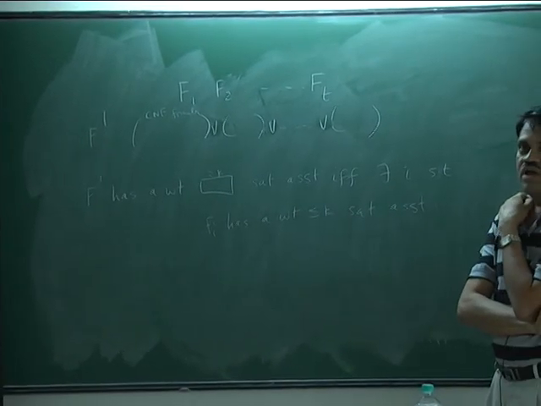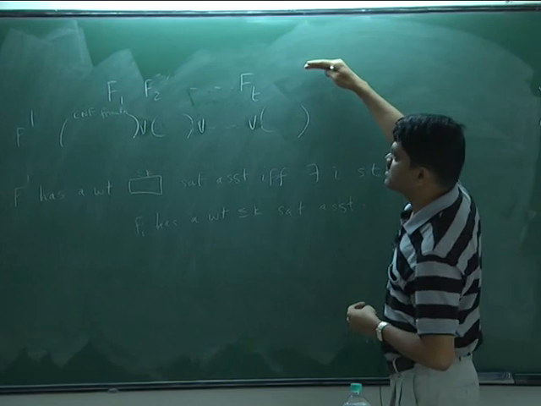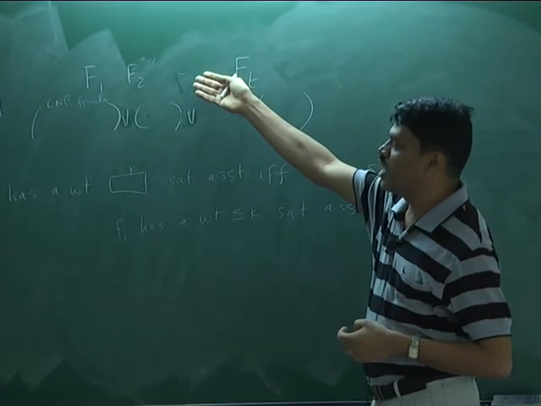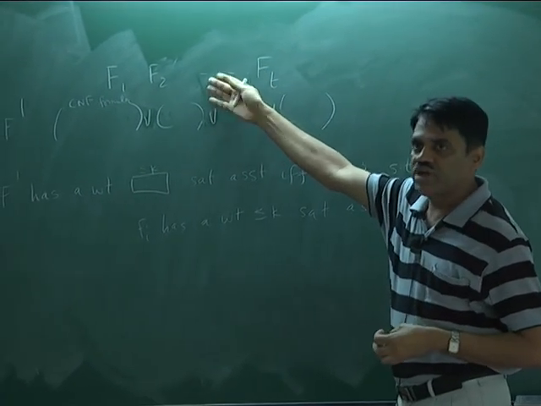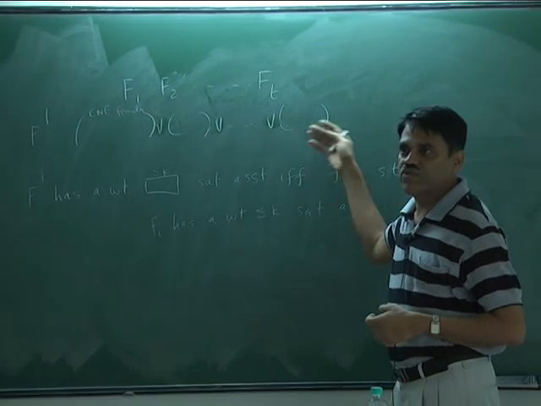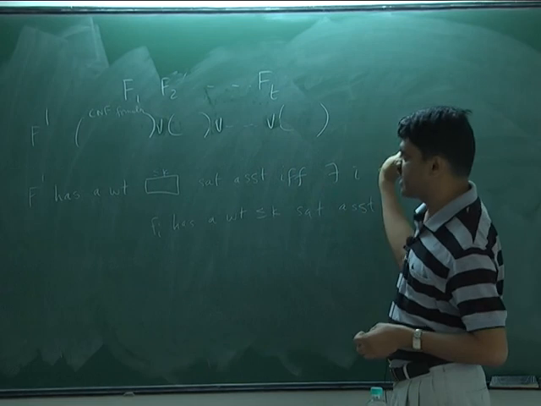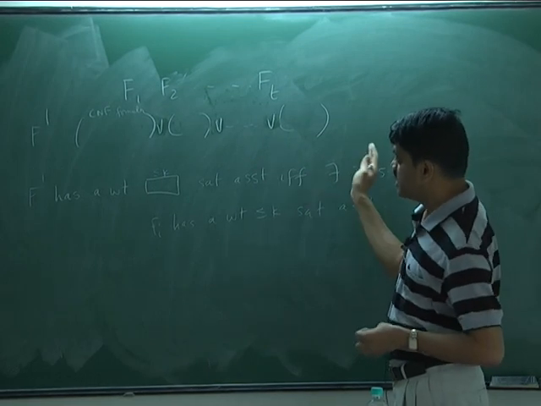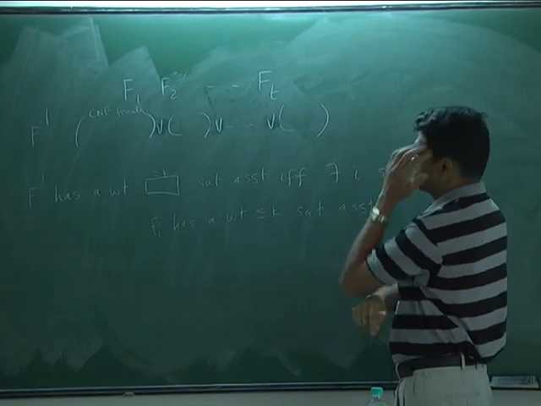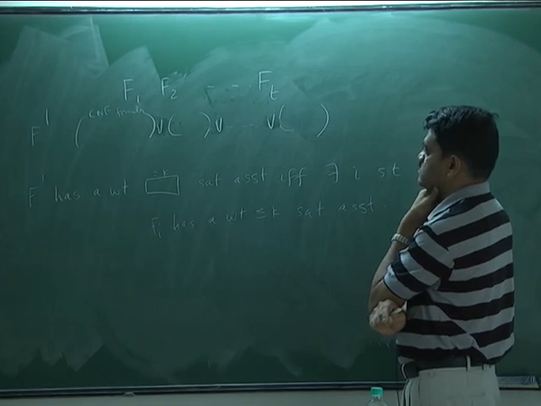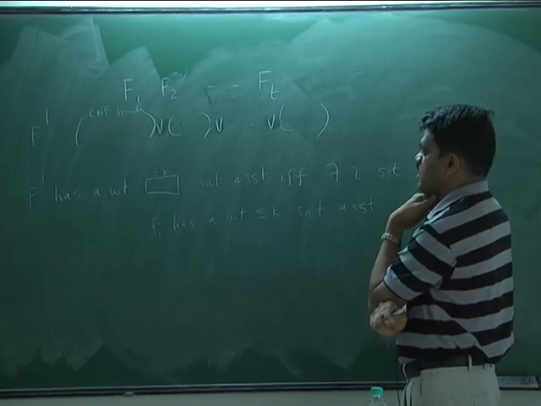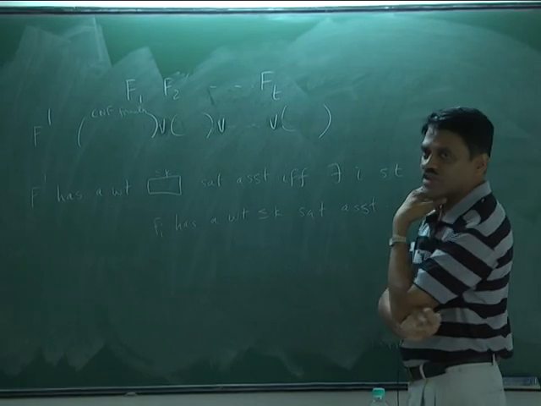If I have a weight at most k satisfying assignment in one of these, then if I use the same assignment, that will satisfy this entire thing, surely. But conversely, if I have a weight at most k satisfying assignment here, somebody is getting satisfied. So that works, is it?